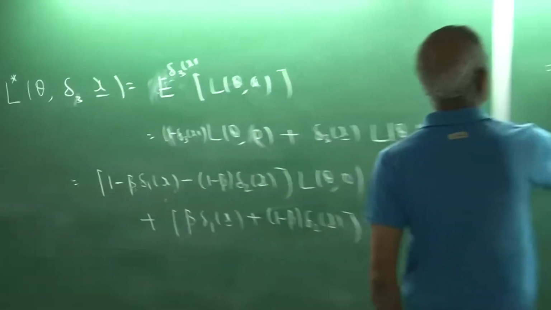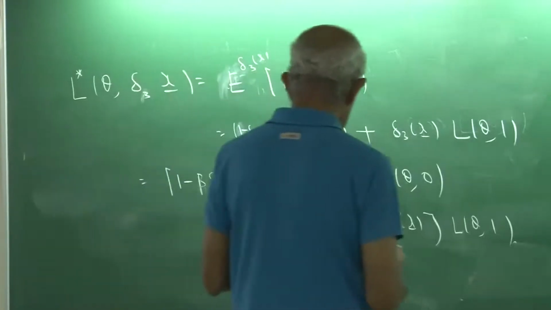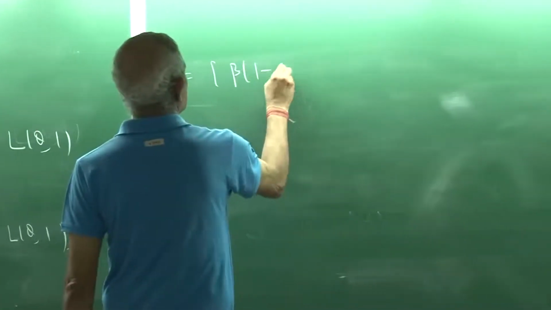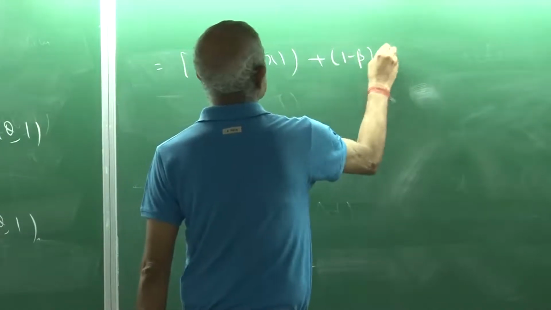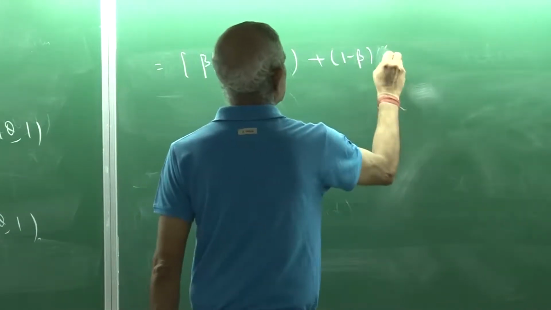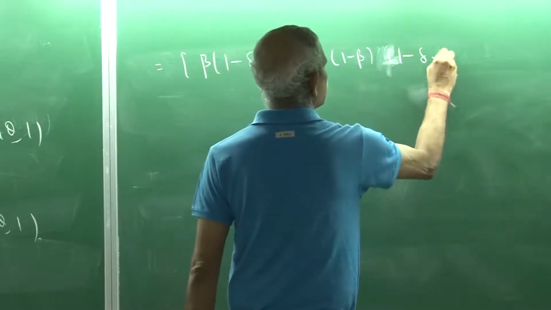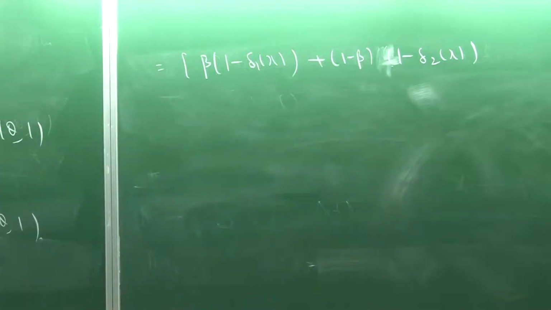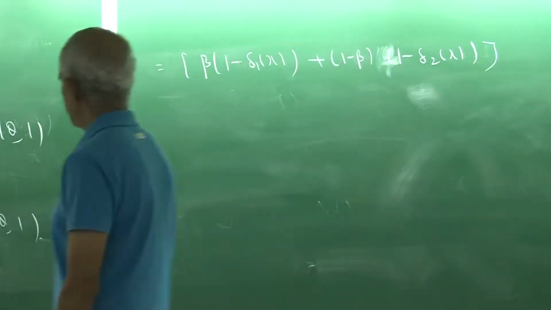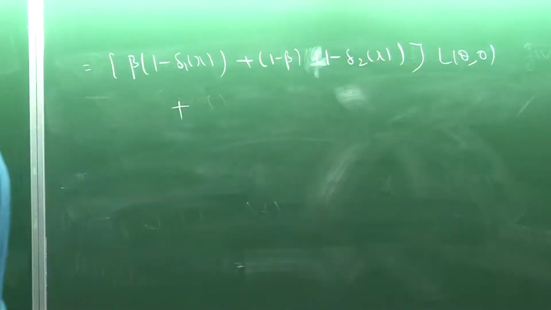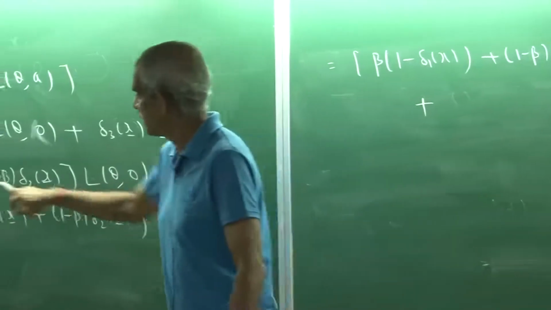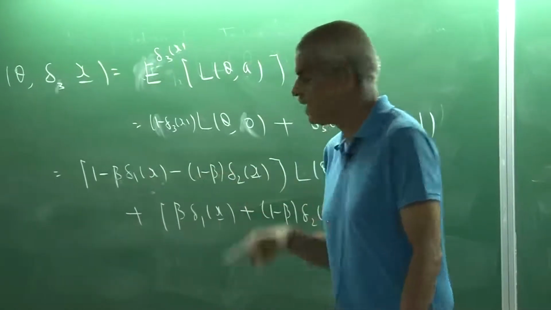So this becomes beta times 1 minus delta 1x plus 1 minus beta times 1 minus delta 2x, times L theta 0, plus this I keep as it is, because with L theta 0 I know that 1 minus delta comes, and that is the reason why I wanted to convert delta 1 into 1 minus delta 1 and delta 2 into 1 minus delta 2.